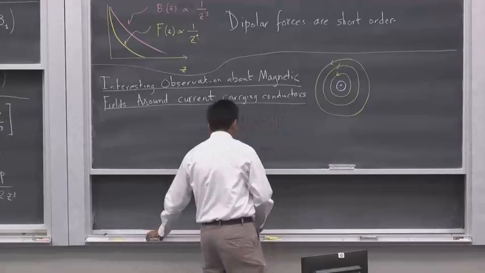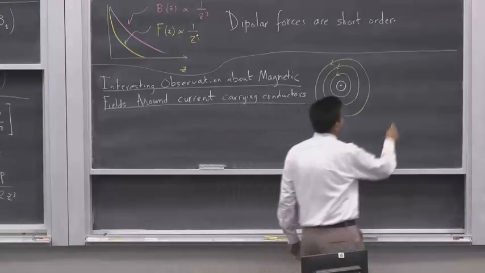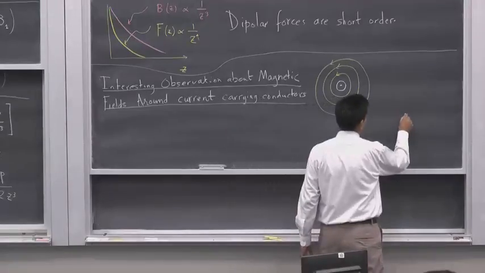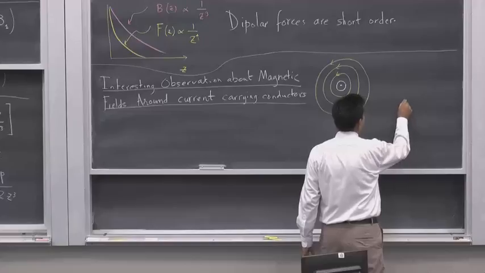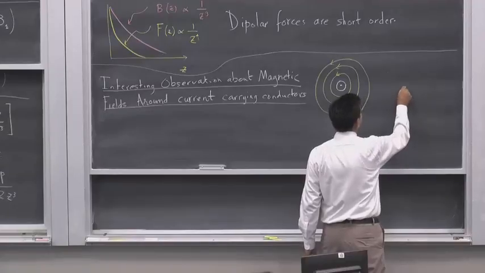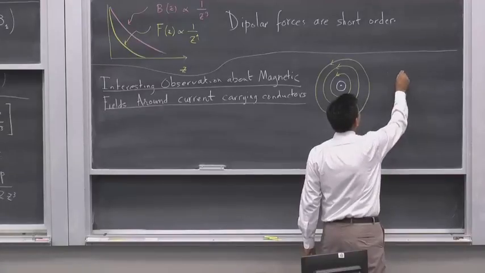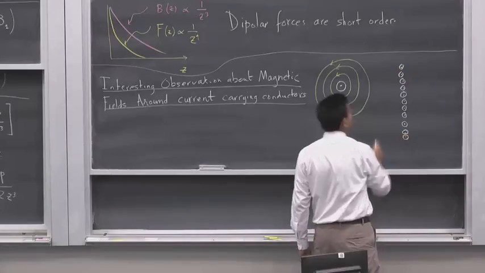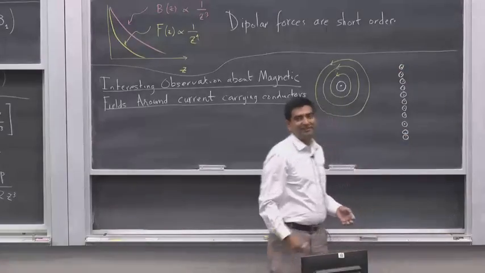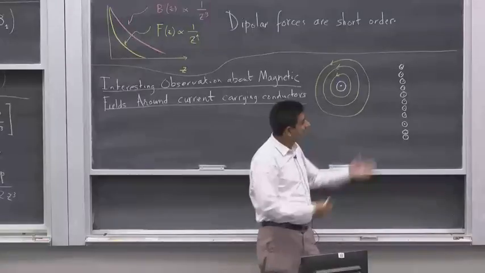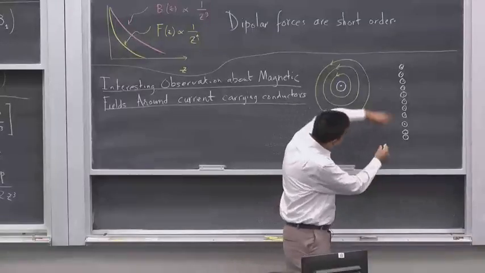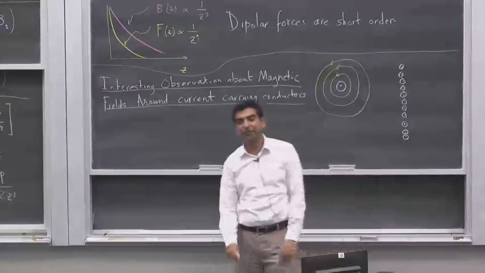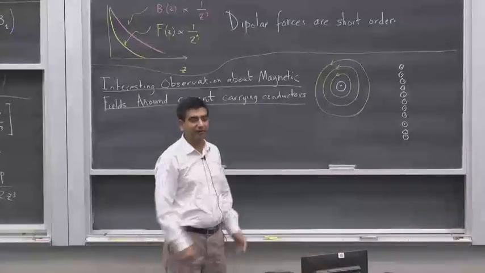Now if I have many current carrying conductors, all parallel to one another, and all of them are bringing current out of the plane of the blackboard, and they squeeze together very tightly, and the thickness of this section is infinitesimal, really small, then what would the magnetic field look like?